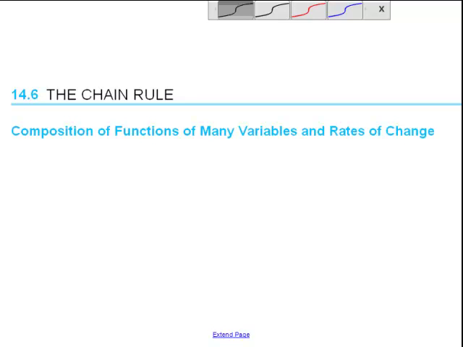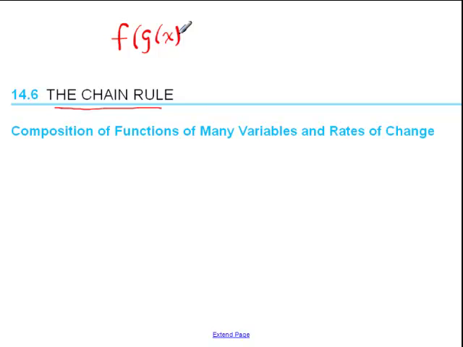Okay, well, we're going to be looking at the chain rule in multivariable calculus now. So we know that the chain rule in single variable calculus, for example, I've got some function f of g of x, that the derivative of a composite function, we use the chain rule, is the derivative of the outside, so f prime of g of x, multiplied by the derivative of the inside.